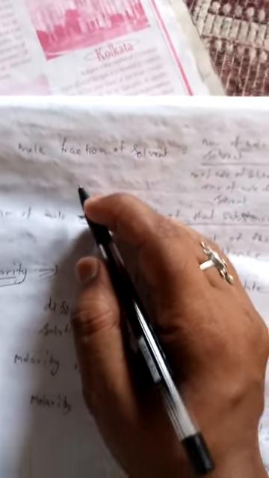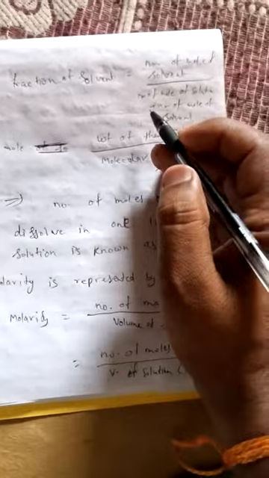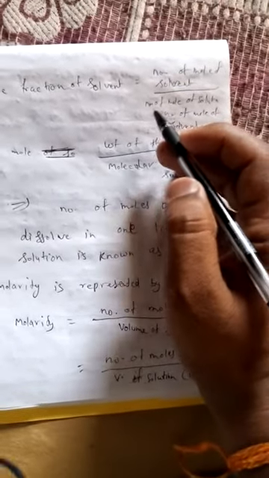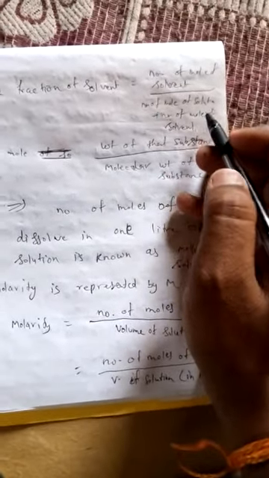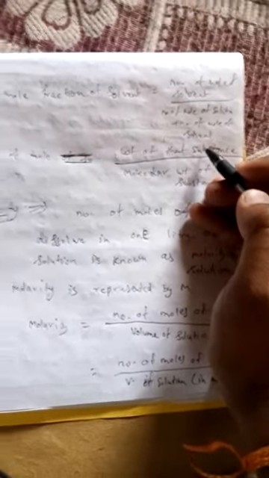Similarly, the mole fraction of solvent is equal to the number of moles of solvent upon the number of moles of solute plus the number of moles of solvent.